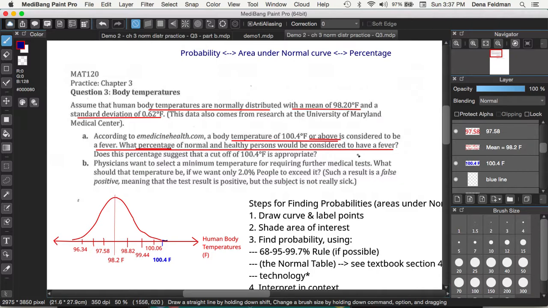Let's calculate that number. To calculate percentages, finding those proportions, that area under the curve, I can either use the empirical rule, a paper normal table, or technology, and that means calculators, online calculators. Since I've used the online stat book calculator before, I'm going to use that again here.